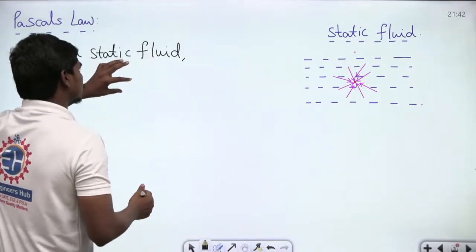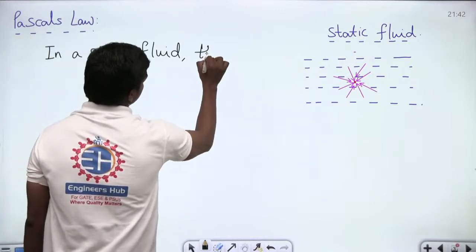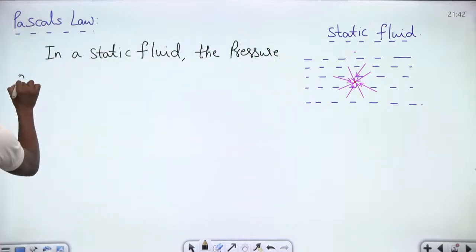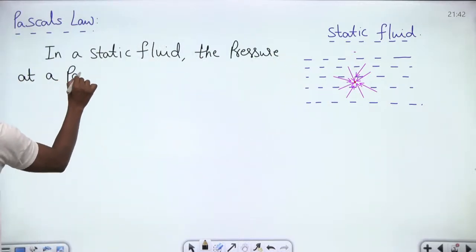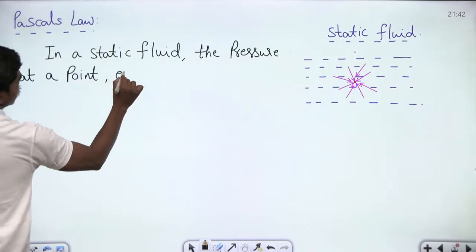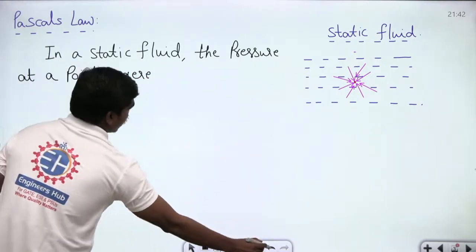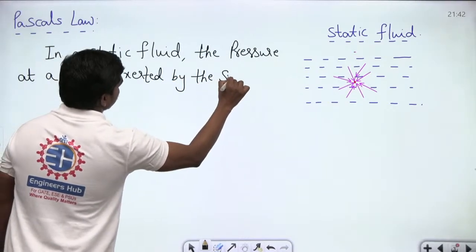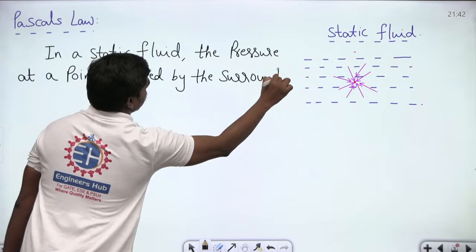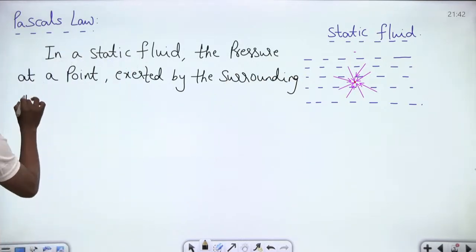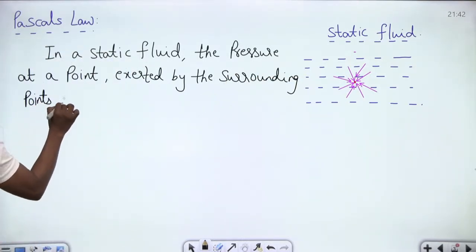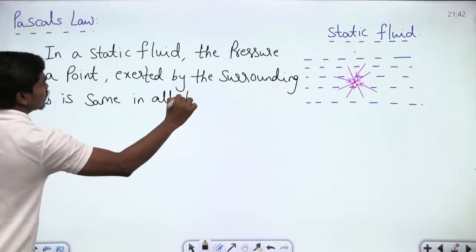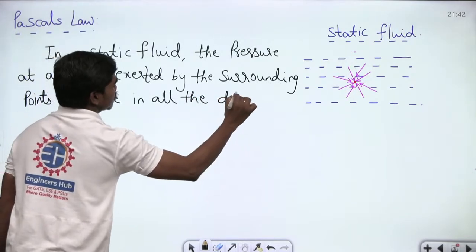So whenever the fluid is static, the pressure at a point exerted by the surrounding points is the same in all the directions.